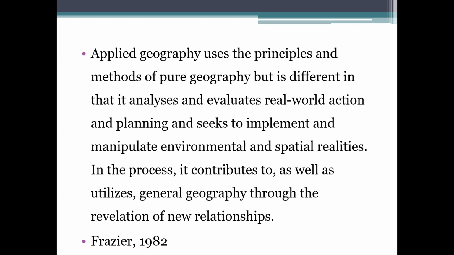First of all, if we need to find a better, durable solution for any environmental or human problem, we should understand the spatial and environmental reality. What is actually going on? What exactly exists? What are the actual reasons behind this issue? That is called environmental and spatial realities.